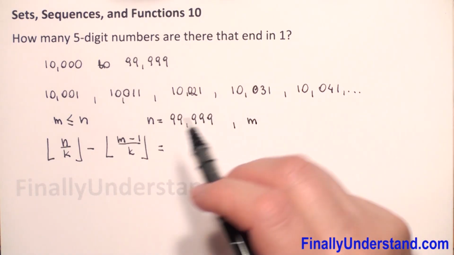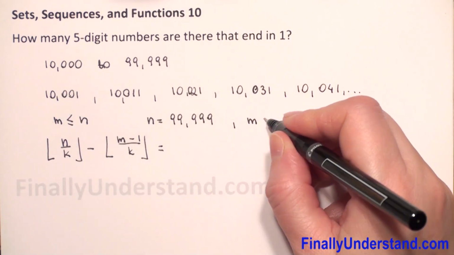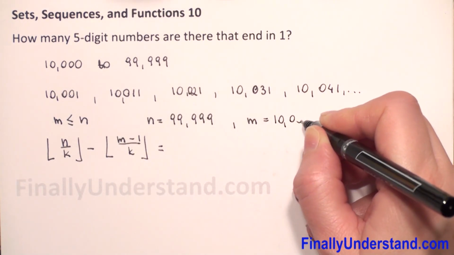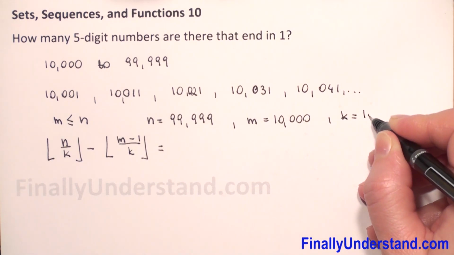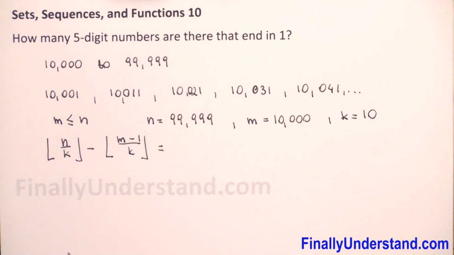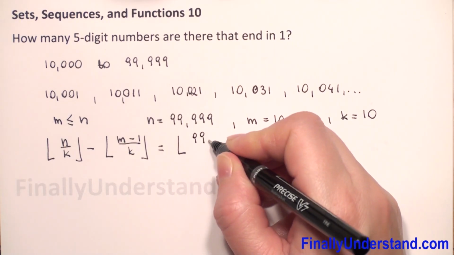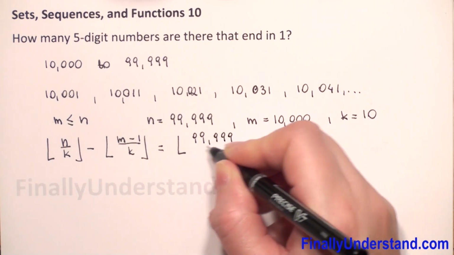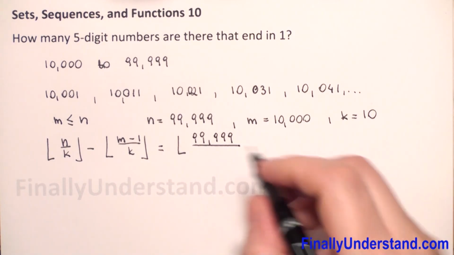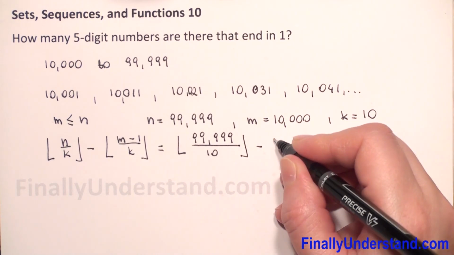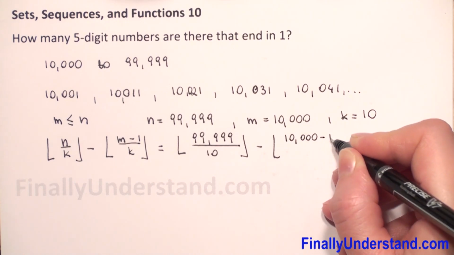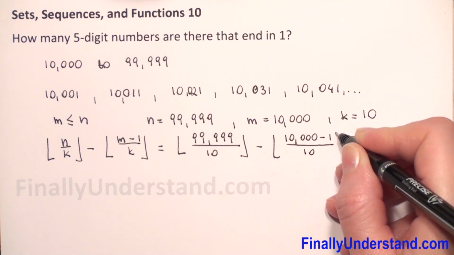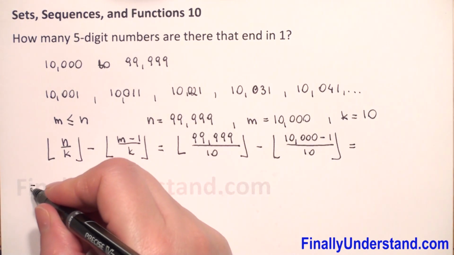The m is the first 5-digit number, 10,000. And in our example, k is equal to 10. So we have floor of 99,999 over 10 minus floor of 10,000 minus 1 over 10.